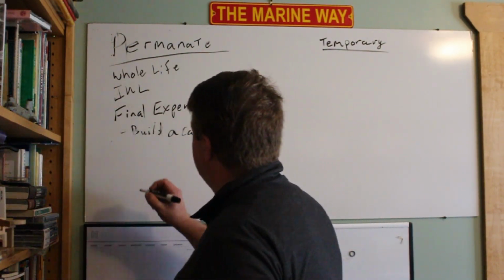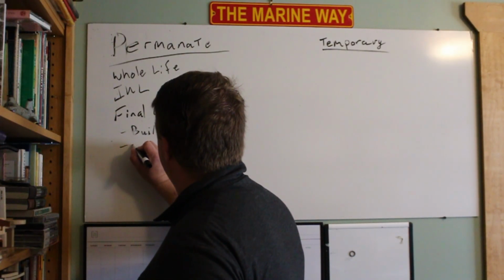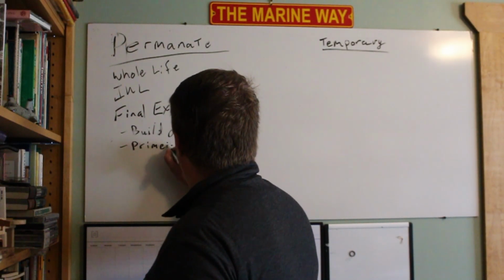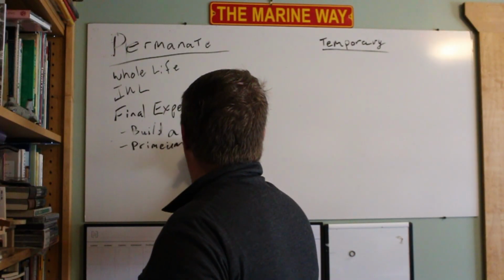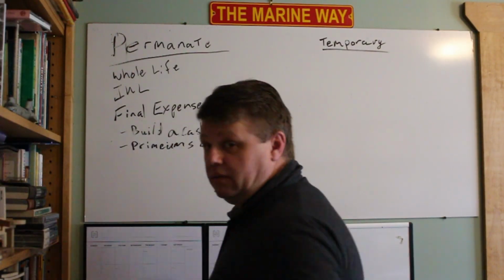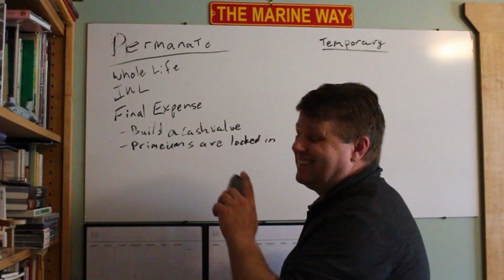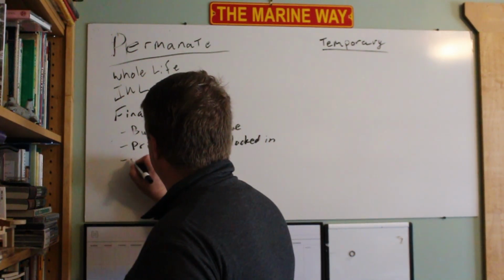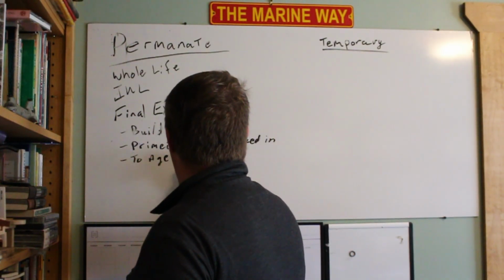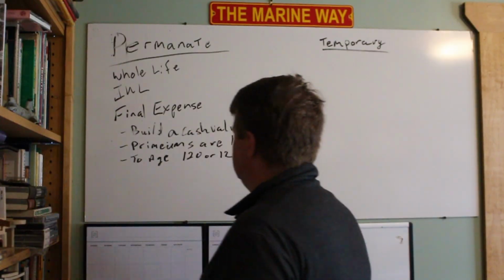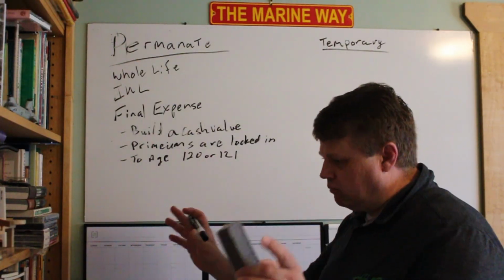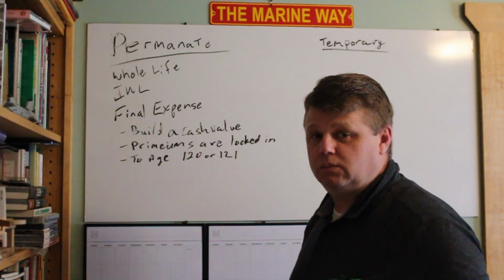Whole life and final expense, premiums are locked in, right? Designed to go to age 120, or 121. So they're sold as permanent, being you can't outlive them.